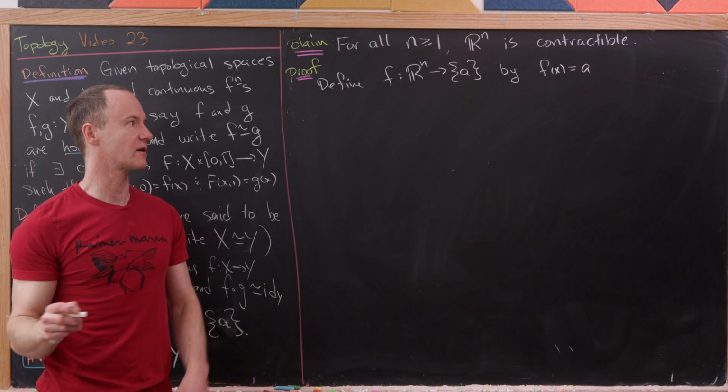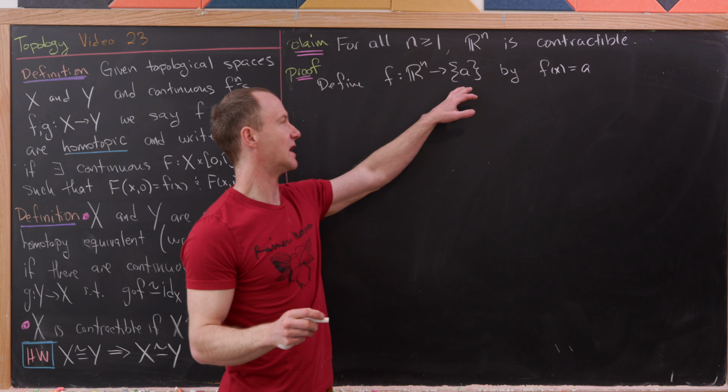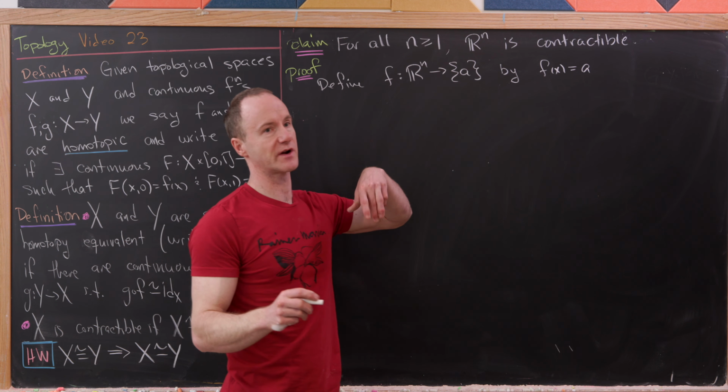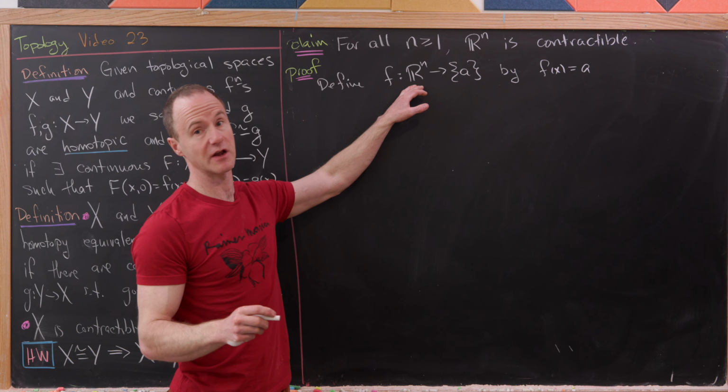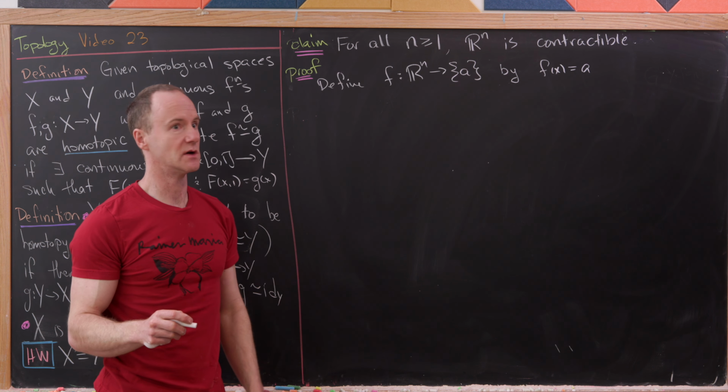Now, this is pretty clearly a continuous function because the only open sets over here are nothing and everything. And if you take their pre-image, you get nothing or everything over here, which is also open.